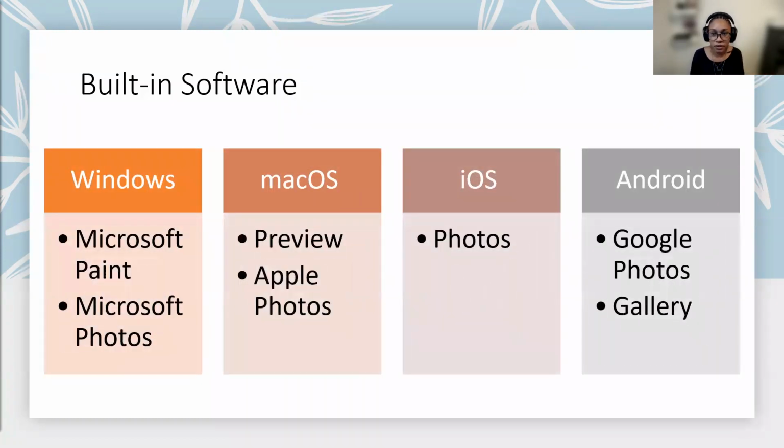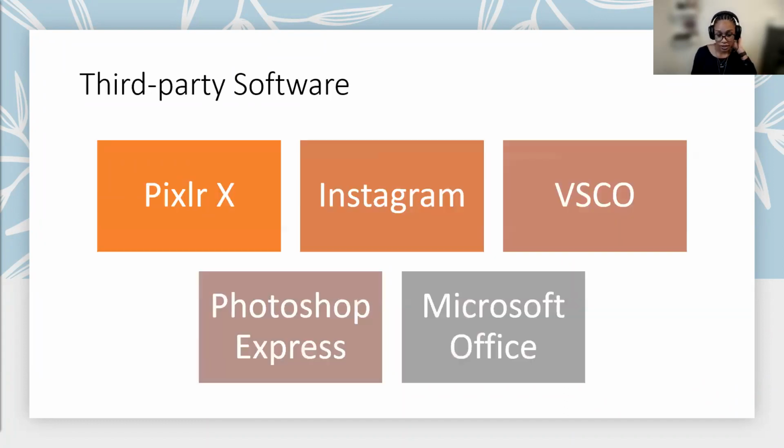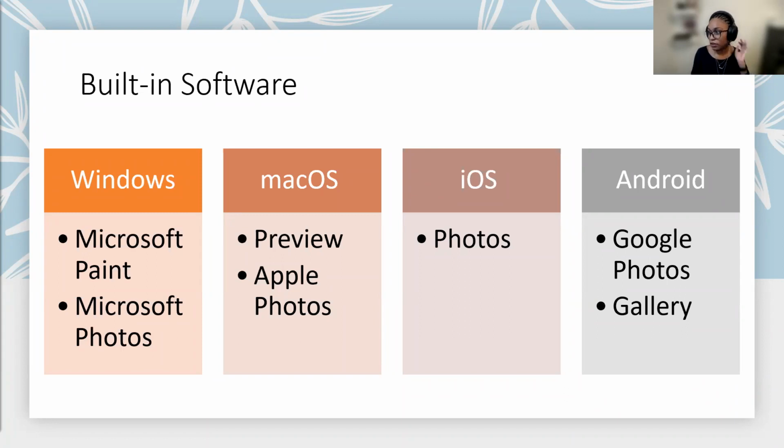Windows, for example, comes stock with Microsoft Paint and Microsoft Photos. Machines that run the Mac operating systems come with Preview and Apple Photos. Your iOS devices come with the Photos app that actually has a lot of great editing tools in it itself. And same with Android, having Google Photos and access to the gallery that come with their own editing tools.